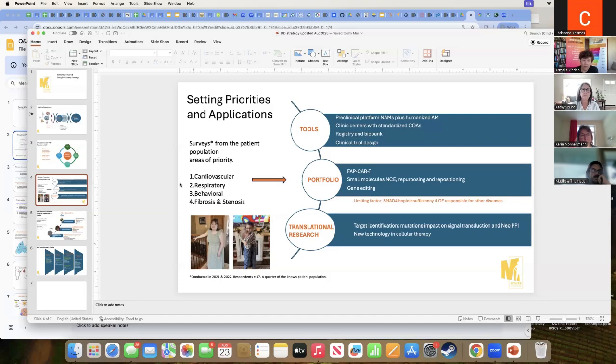So all of those, in fact, are linked to fibrosis and stenosis. So the obvious priorities were to work on fibrosis and stenosis, and the application would be cardiovascular, respiratory, and the equivalent of fibrosis in the brain, to work more on autism and intellectual disability.